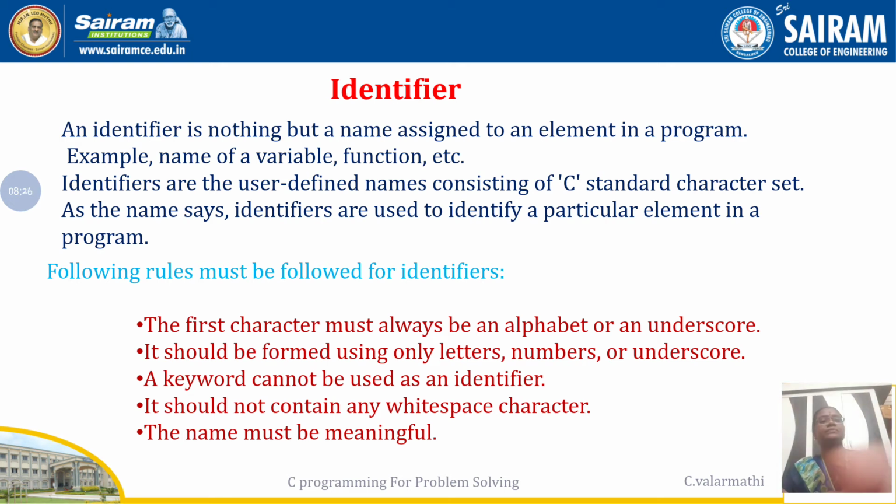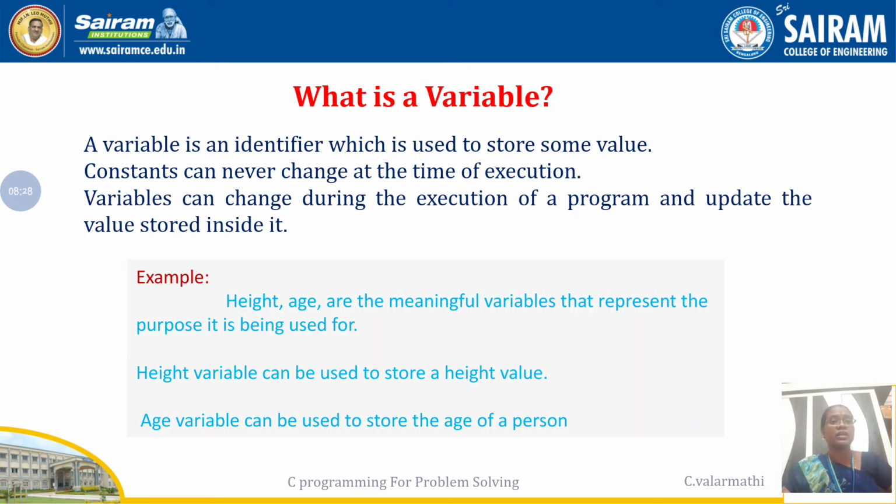Right. Then what is a variable? Variable is one of the identifiers. There is no difference between identifier and variable. A variable gives some name for that data type. Int ch means ch is the identifier that carries the meaning of integer data type. And it is used to store some values. Obviously, using the variable name only we can get the values.